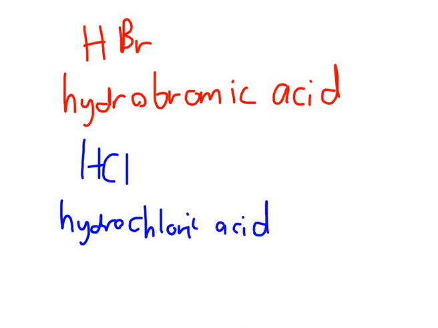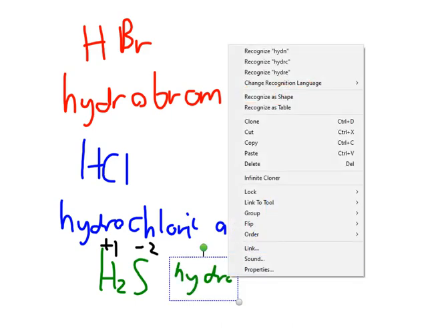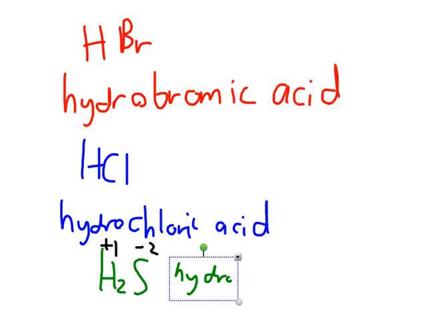In other cases, let's say you had H2S. We know that would be the formula because sulfur is a -2 and hydrogen is a +1. That would just make it hydro... what?